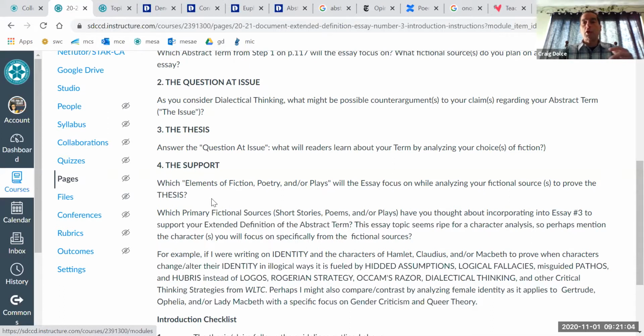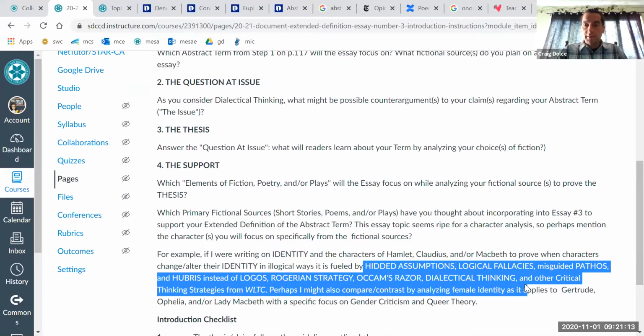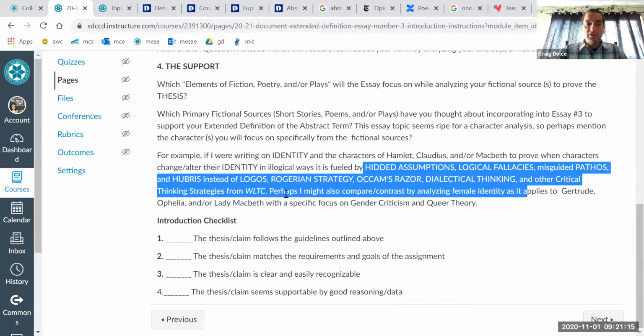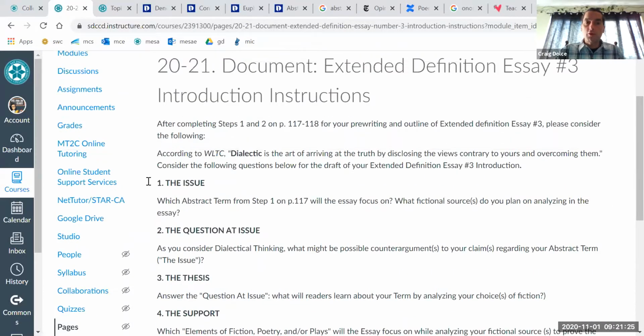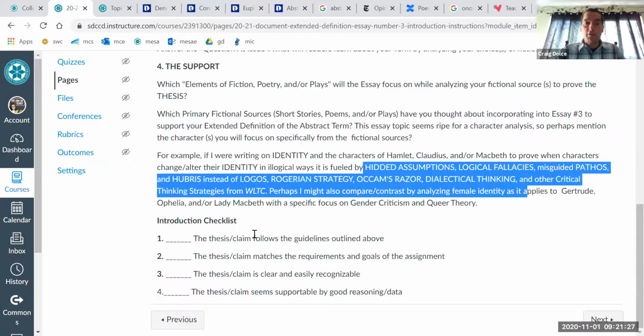Hidden assumptions, Occam's razor, logical fallacies, Rogerian strategy, right? See how we have these all listed down here in my kind of sample idea, and use this checklist to help you recognize if you're completing your introduction paragraph according to these four guidelines.